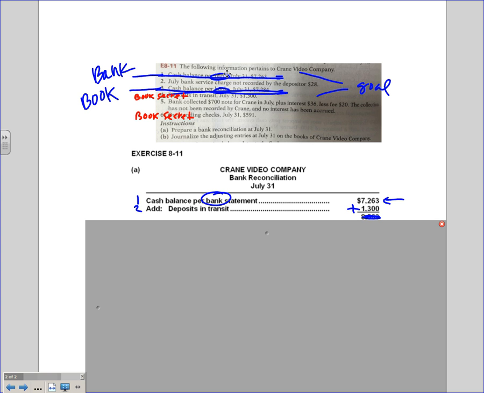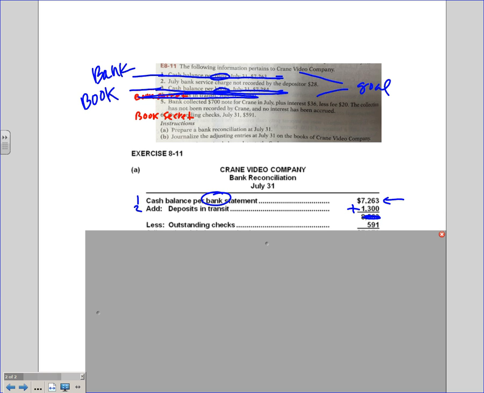What's the other secret? I can cross number 4 off. We just did that one. What's the other secret that we know but the bank doesn't? So is that line 3? Well, I know I did. I skipped a line, but that's okay. Less outstanding checks.